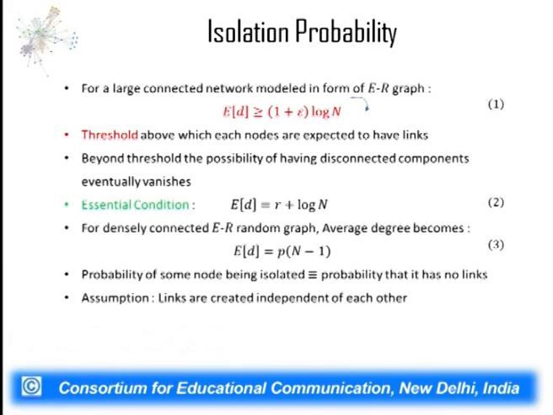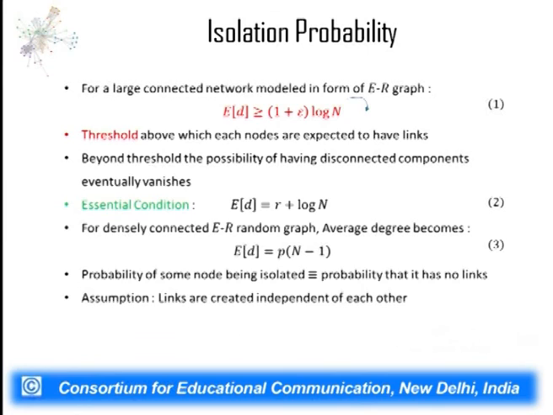Whenever we are defining this threshold, it is the threshold of having each node have some links. In some sense, we can say this is the criterion for a node to get connected. And beyond this threshold, there are chances that we will have some disconnected components. That is another way of saying it.